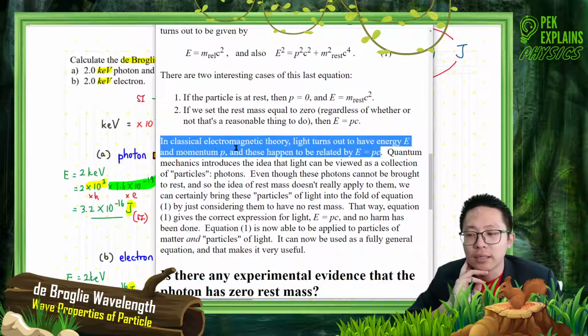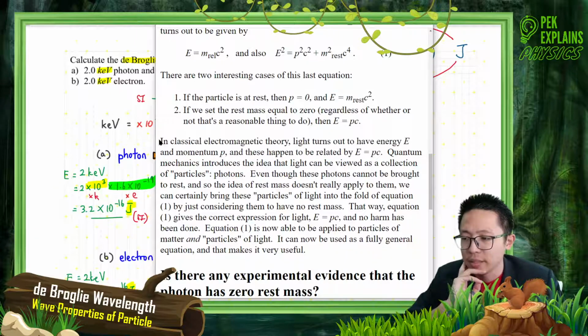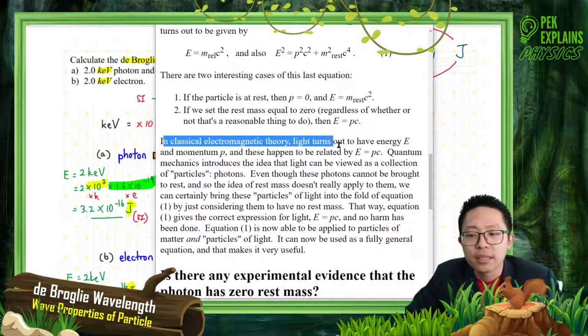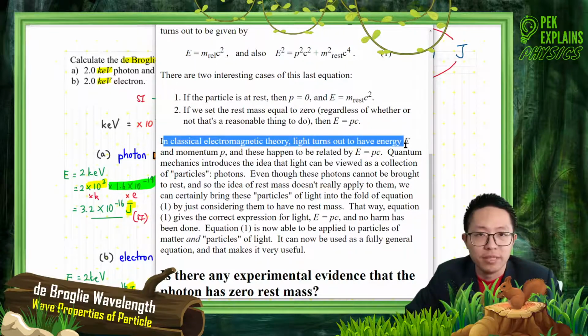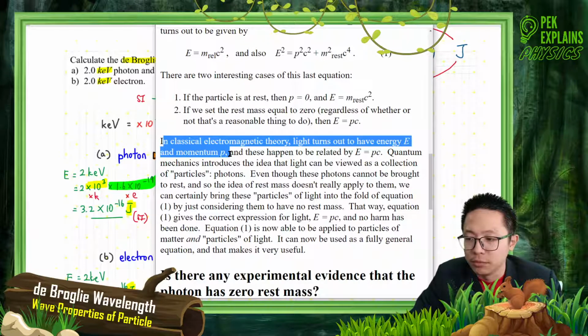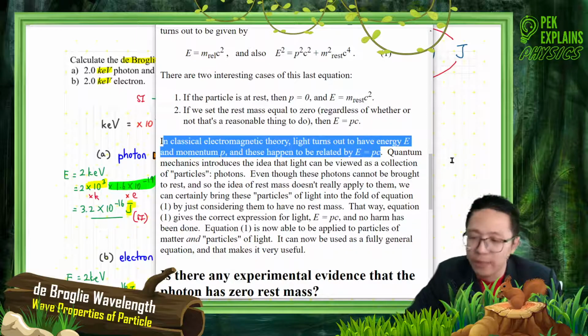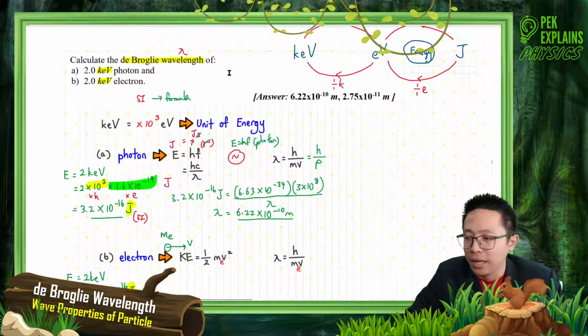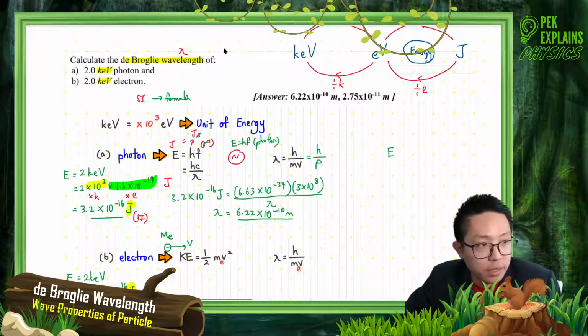This is what I searched from the internet. In classical electromagnetic theory, light turns out to have energy and momentum. So light has a momentum, and this happens to be related to E equal to pc. What is E equal to pc? Well, it is related to the formula E equal to mc square.